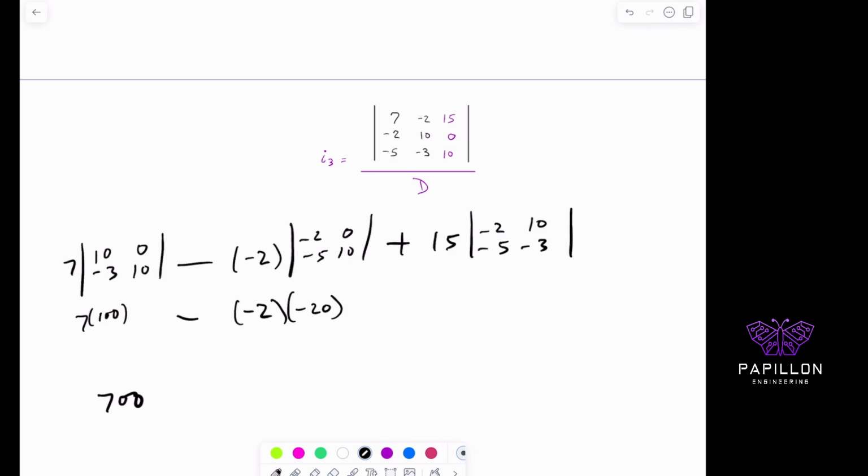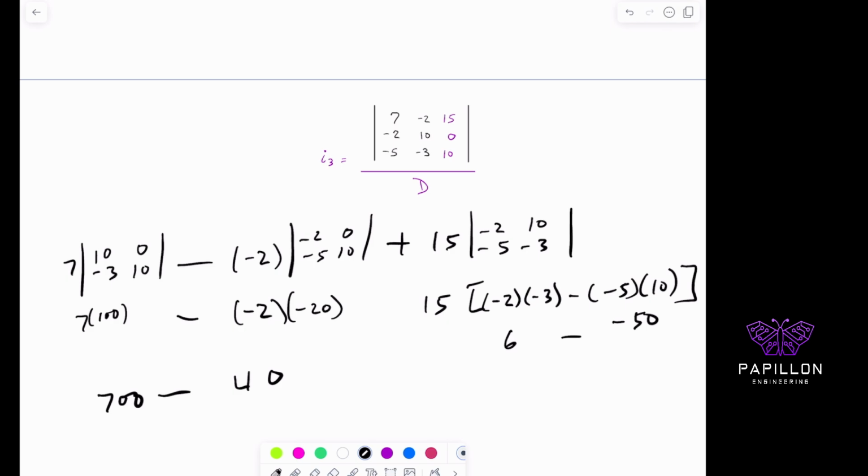So let's see, it gives us back minus 40, right? And then the final term is going to be minus 2 times minus 3, minus 5 times 10, all that multiplied by 15. So what is this? Right? So what is that? 40.